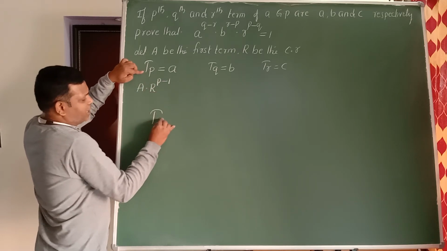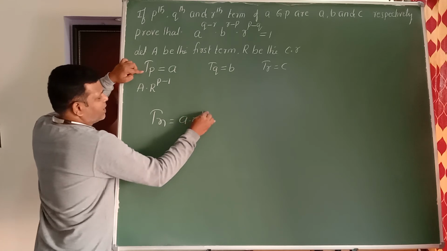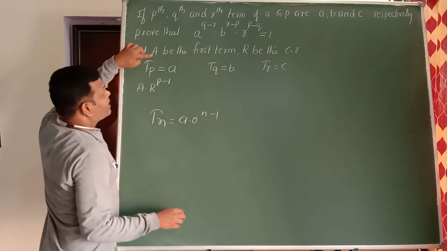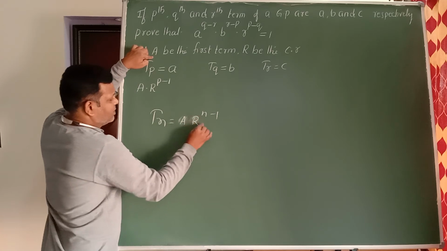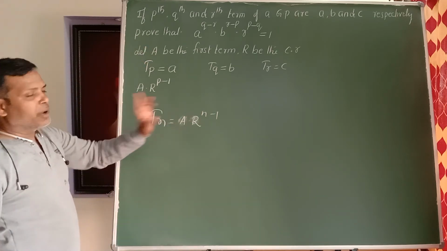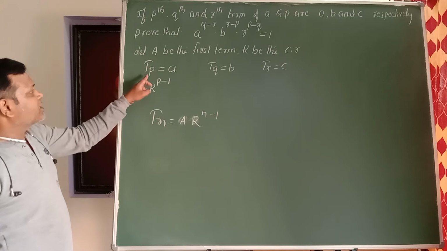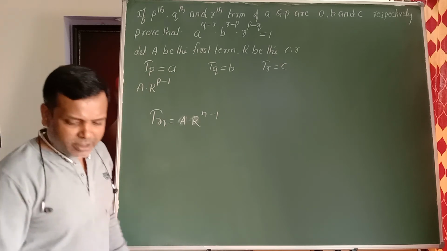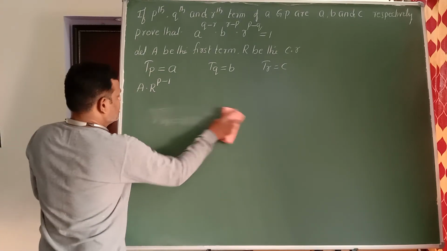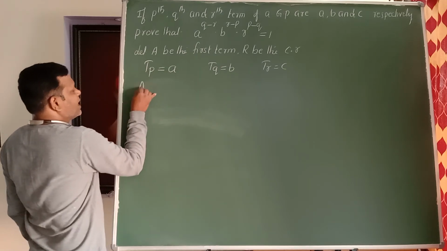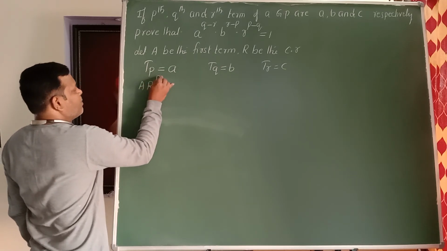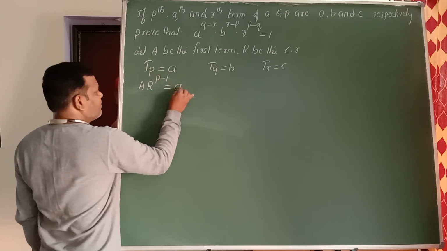Look here. Tn is equal to A into R power n minus 1, right? But here we have taken capital A as the first term and capital R as the common ratio, A R power n minus 1. Here which is the term? Pth term. So the pth term can be taken as A R power P minus 1 is equal to a.